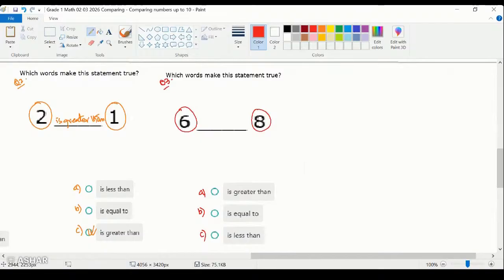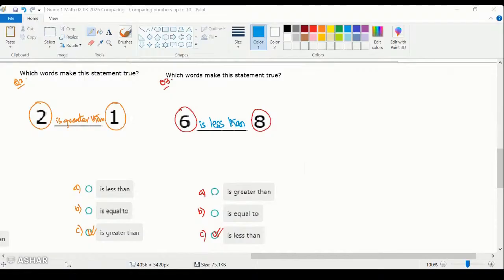So which statement would make it true? Yes, perfect. Thank you. We know that 6 is a smaller value compared to 8. That means we say 6 is less than 8.